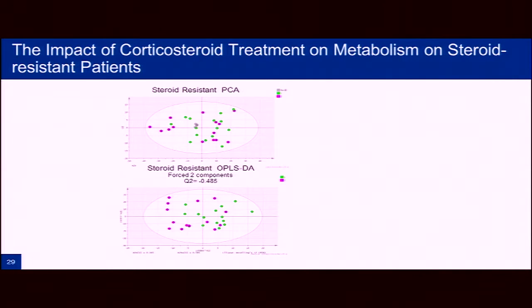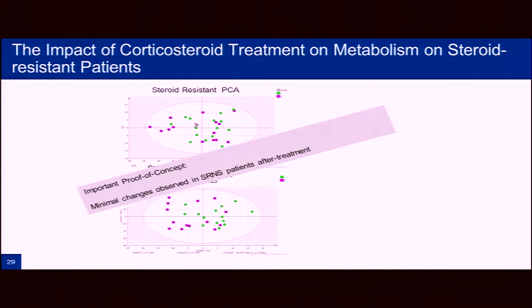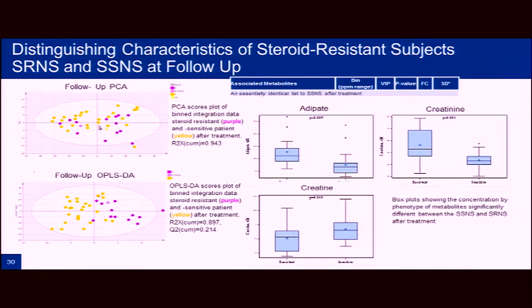Now, if we look at the same thing for the steroid-resistant patients, we don't have the same kind of separation. This is a bad model. But this is an important proof of concept for us because we would expect minimal changes due to treatment in the steroid-resistant patients. So things are working.